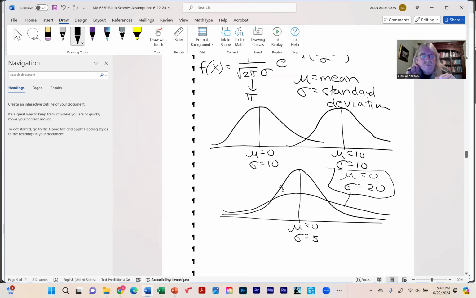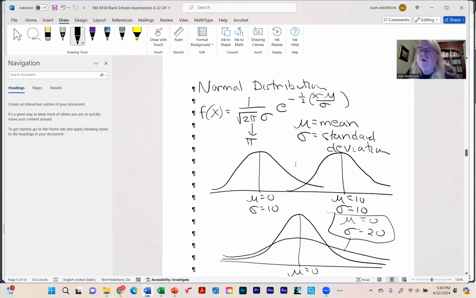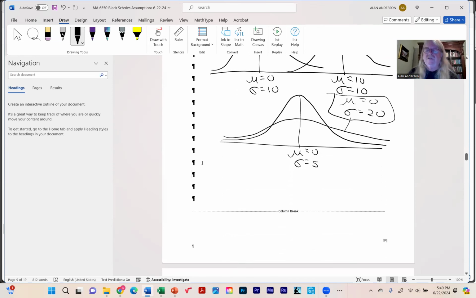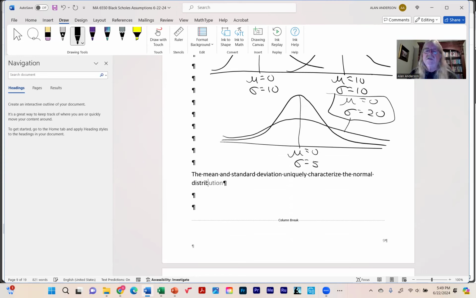There might be some years where you have huge positive rates of return and other years where you have huge negative rates of return. So anyway, the point of all this is that the mean and the standard deviation uniquely characterize the normal distribution. If you know those two things, you know everything you need to know about that curve.